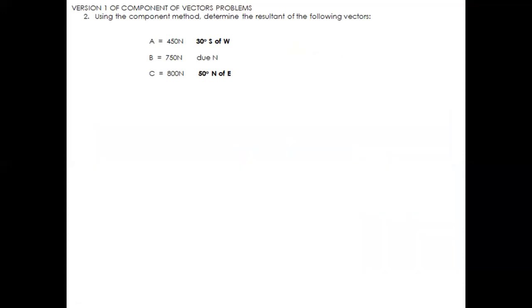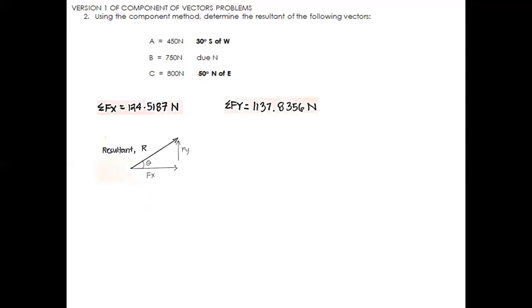The next step is to determine the resultant force. Since we have solved the summation of horizontal forces, Fx is equal to 124.5187 newtons. On the other hand, the summation of vertical forces is 1,137.8356 newtons. For the resultant, we're going to use the Pythagorean theorem.